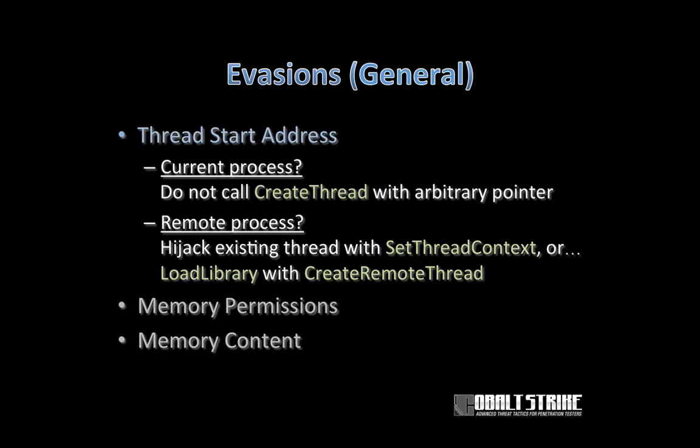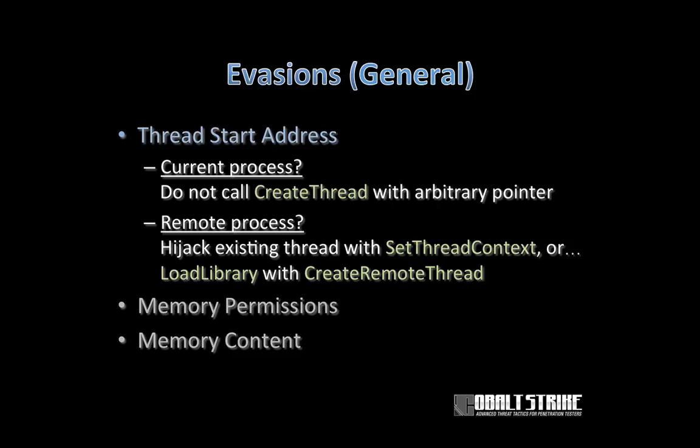What if you need to create a thread into a remote process? Well, if you can, hijack an existing thread with set thread context. A thread that you happen to take over and resume executing at your capability will still have its original start address, and that will get you past some of the heuristics we've discussed.